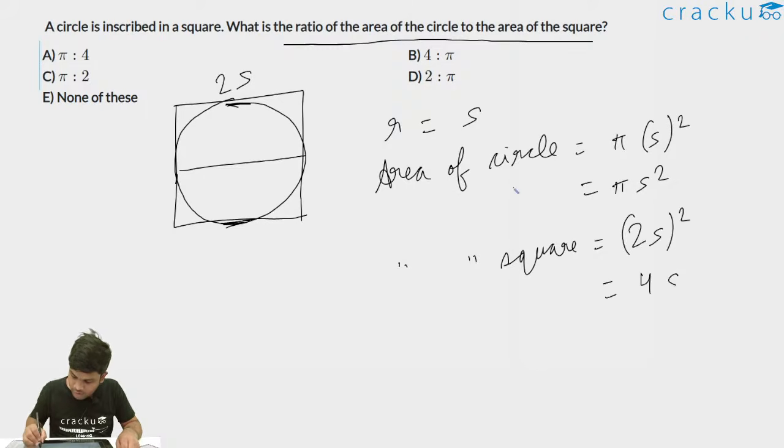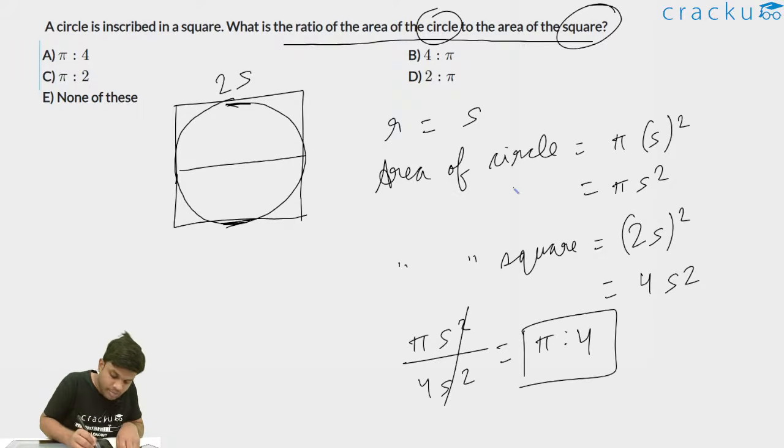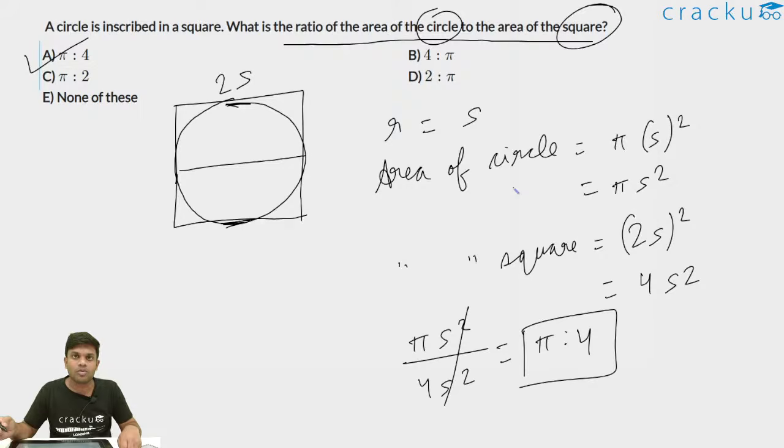So you will get 4s square. And we have to find the ratio of the area of circle to the area of square. So that means area of circle is pi s square divided by area of square is 4s square. S square will cancel out. You will get pi is to 4. So our answer is option number A, which is pi is to 4.